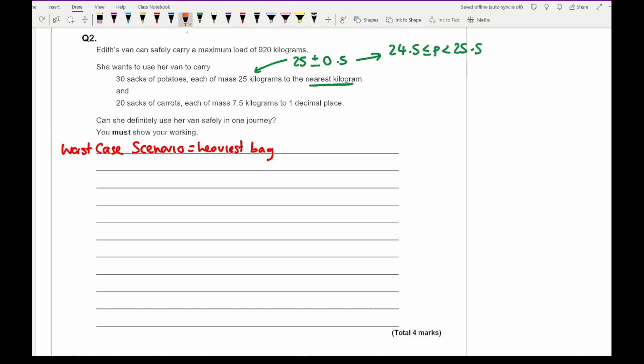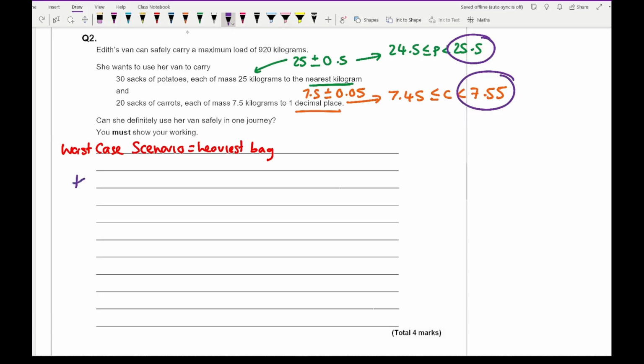And for the carrots, that's to 1 decimal place, so that's going to be 7.5 plus or minus half of 0.1, which is 0.05. So that's going to be 7.45 and 7.55.